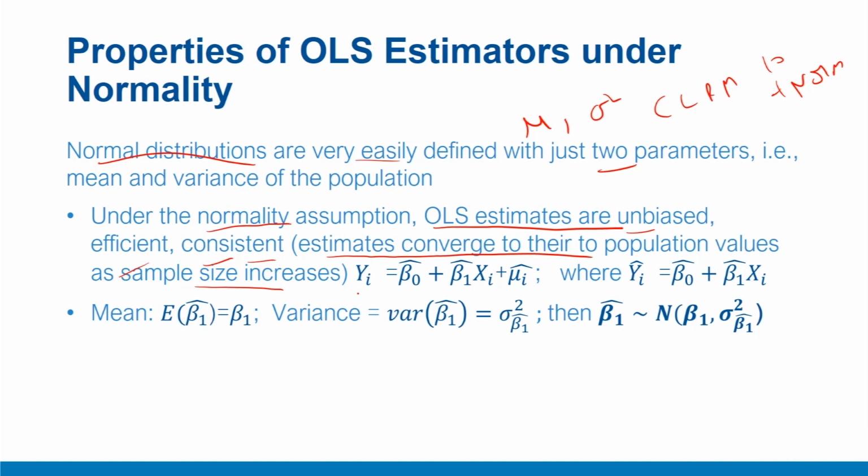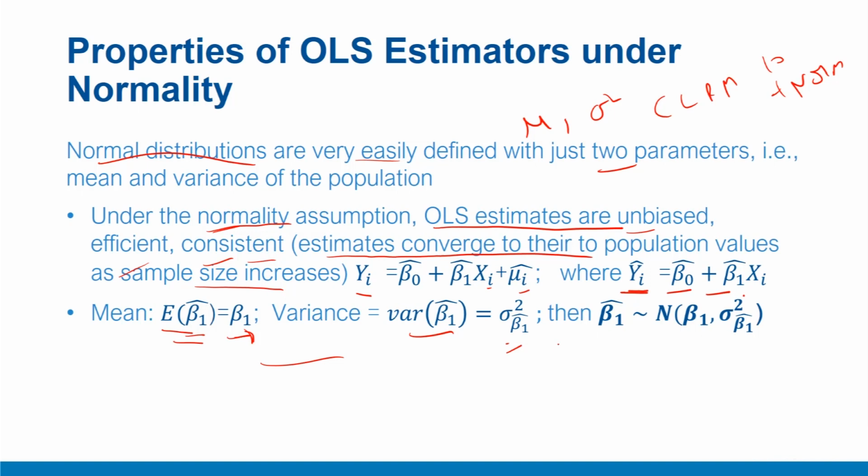The model, as we have already seen, is yi equal to beta naught hat plus beta 1 hat xi plus u i hat. Here, the predicted values of yi are written as yi hat, which is beta naught hat plus beta 1 hat into xi. Now, it is assumed that the expected value of beta 1 hat is the same as the population parameter, because if these assumptions hold, then the expected value of beta 1 hat is the same as beta 1, and the variance of beta 1 hat is sigma square beta 1 hat.